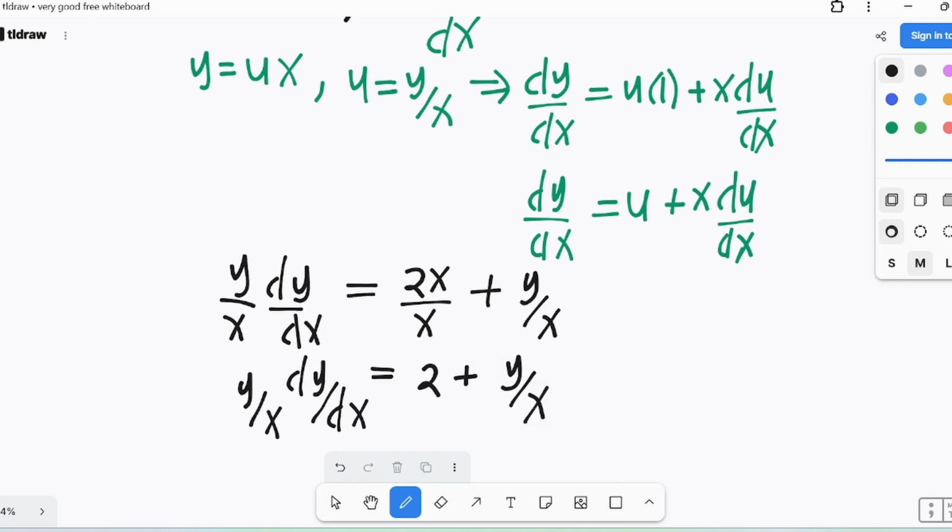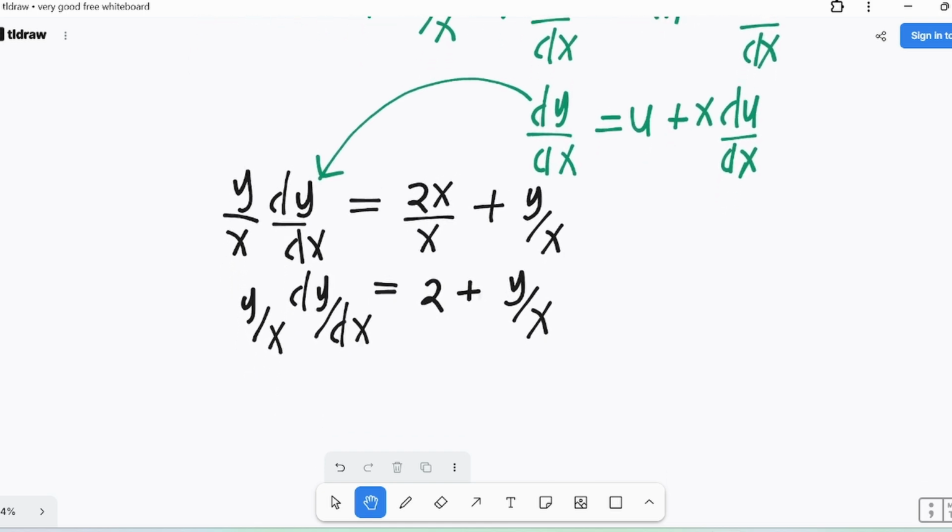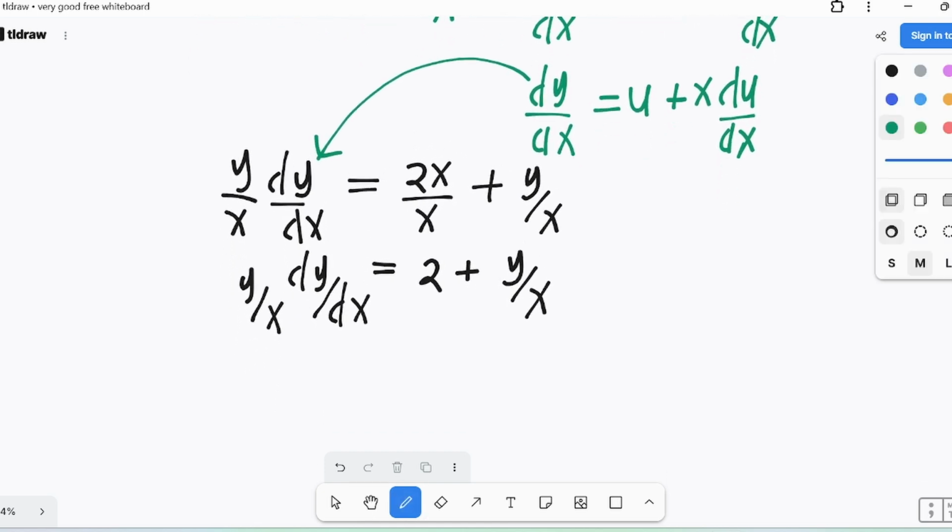Now we are going to substitute back our dy by dx there. Putting it back, we shall have our u, because y over x is u, into u plus x du dx is equal to 2 plus u.